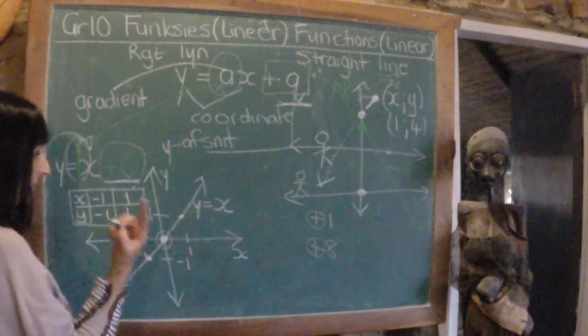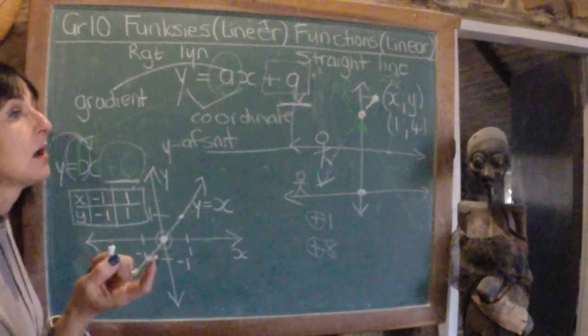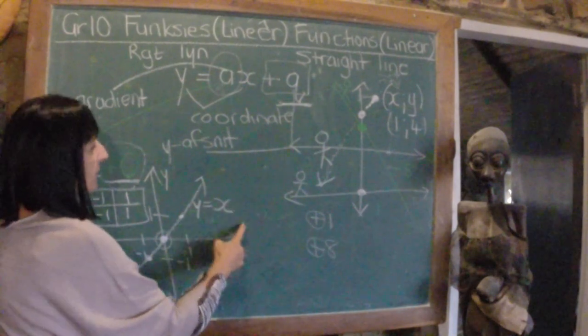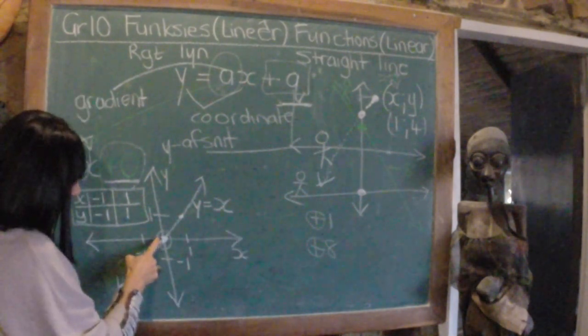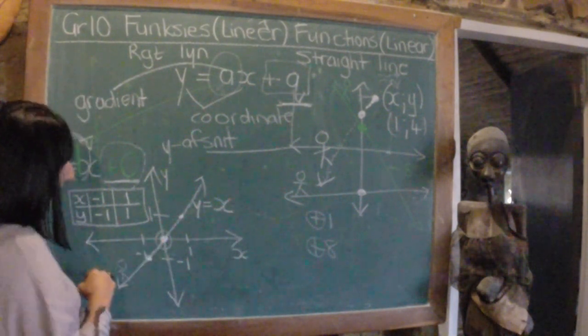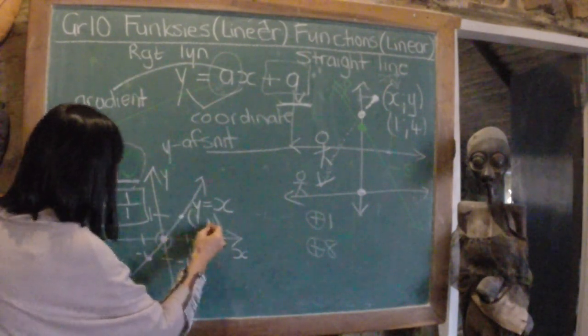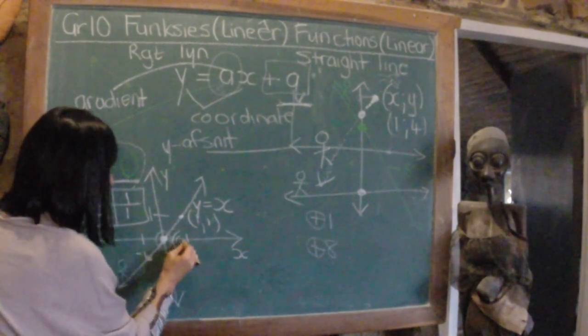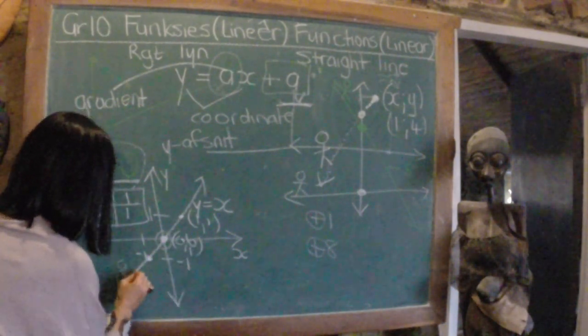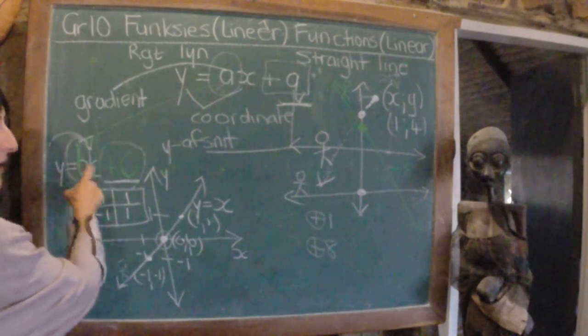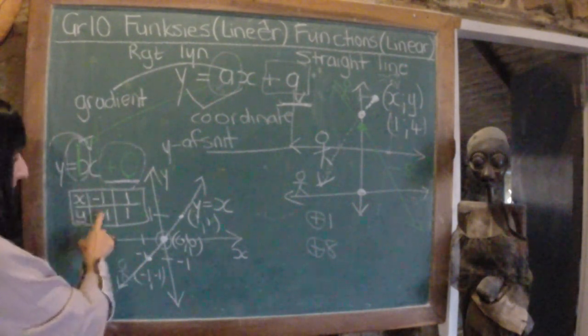That's why the gradient equals plus 1. En dan weet ek my q-waarde is 0, want hy sny my y-as daar by 0. So die koördinaat hier is 1, 1, that is the origin, 0, 0, and that's minus 1, minus 1. En dit maak sin, want as y gelyk is aan x is, beteken dit my y en my x-waardes moet mos dieselfde wees.